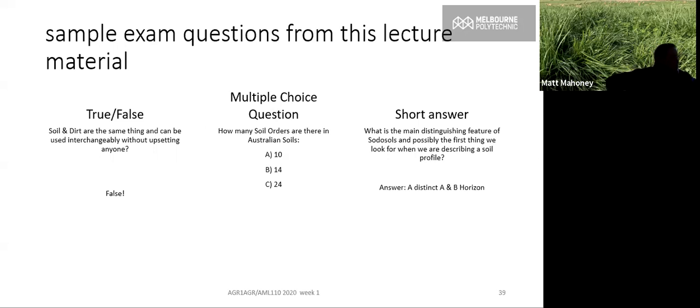So I've just got a question there from Adam. I think Janet is actually setting the exam questions, and so she will be going through the material. So anything that's on here is possibly you're going to need to know, but I don't think you'll need to go into that depth to know, like if you know the A, B and C horizons, or mainly the A and B horizons, and just go through those couple of slides and some of the points there.